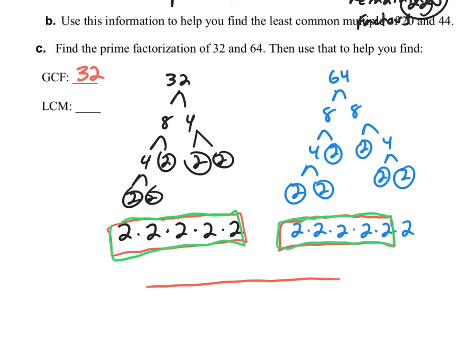Those are the 5 2's we use from the greatest common factor. So we say 2 times 2 times 2 times 2 times 2. There's 5 of them. But the rule says we cannot leave any of the factors out, so we have to include this 2 right here, times 2. So the least common multiple is 2 times 2 is 4, 4 times 2 is 8, 8 times 2 is 16, 16 times 2 is 32, 32 times 2 is 64. 64.